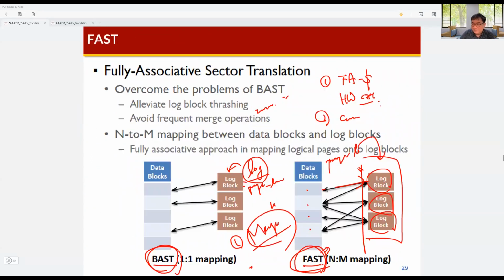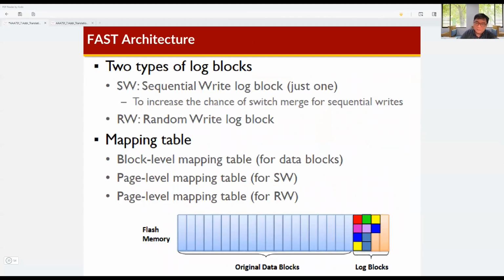To reduce this performance overhead by full merge, FAST also supports two kinds of log blocks: a log block that supports sequential write, and a log block that supports random write.